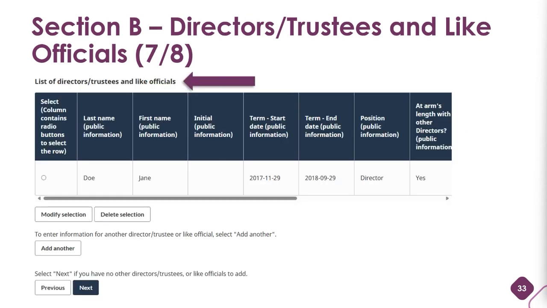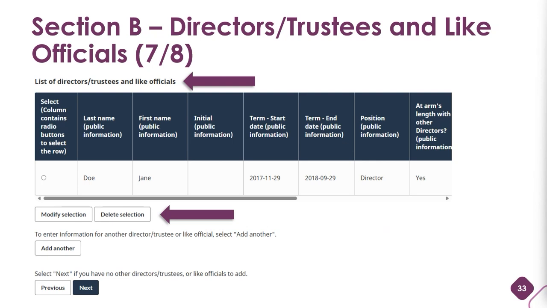Once you've filled in the details for a director, their information will appear in the table at the top of the page. You can go back and change or delete a director's information if you need to. That far left column lets you choose an individual director and then click Modify Selection. Once you are done adding all your directors, click Next to move on.